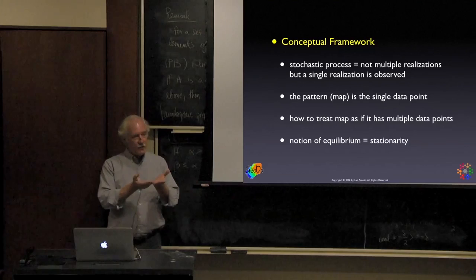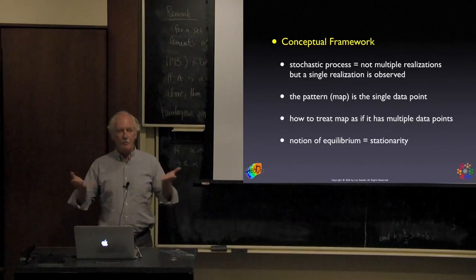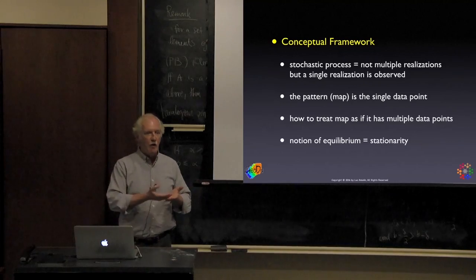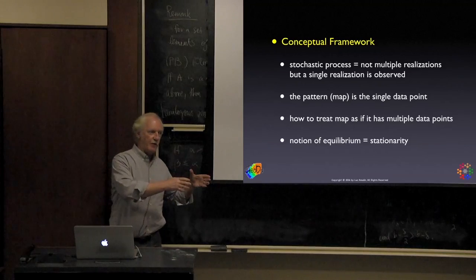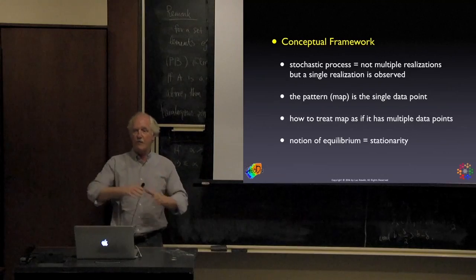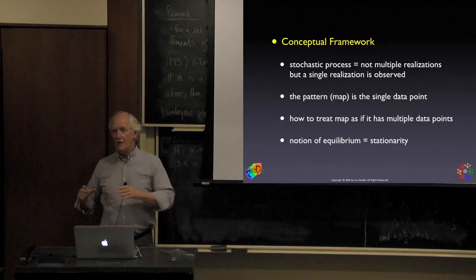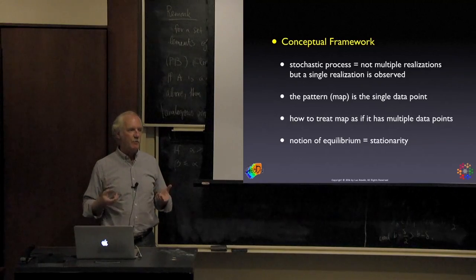So because it is the same everywhere, it shouldn't matter whether you see all 30 sensors or 5 of them or 10 of them or 5 of them here or 5 of them there. Okay. That's the notion of stationarity. That's the notion of equilibrium.